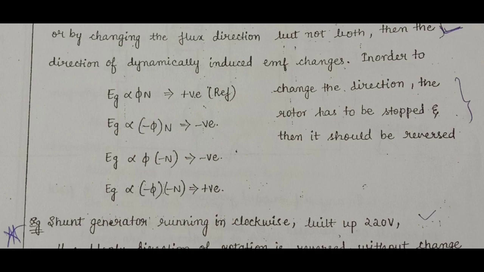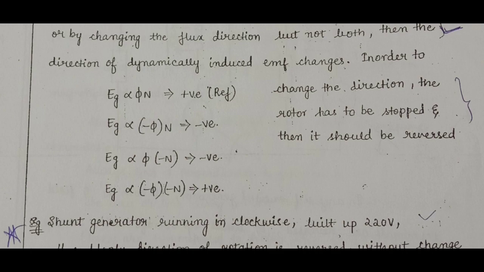So Eg proportional to phi N, flux into speed. Eg is equal to phi Z N by 60 into P by A. Phi flux, Z conductors, N speed in rpm.